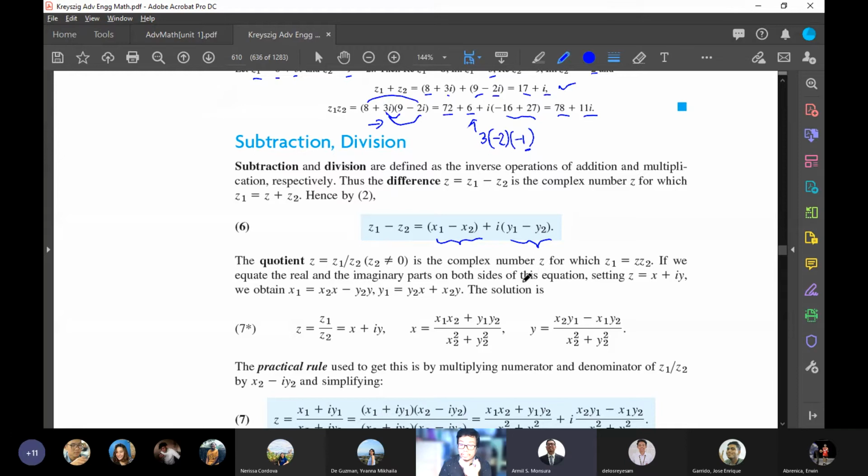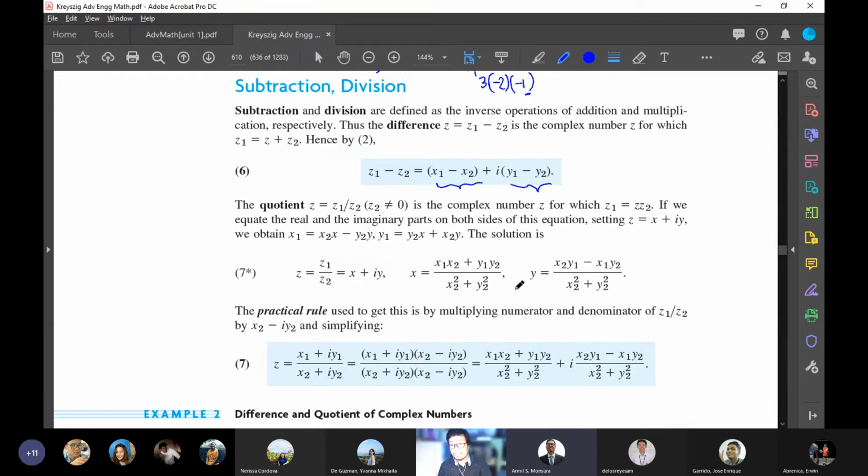Anyway, subtraction is the additive inverse, the inverse of addition. So if we are to subtract two quantities, we have to get the additive inverse of the second operand and then add them. Basically, we are just subtracting. As simple as that.